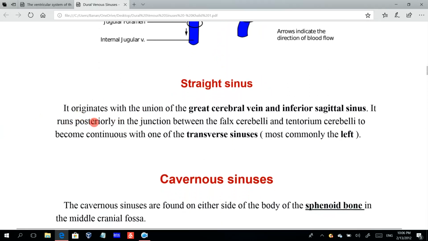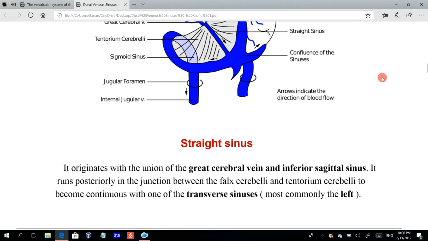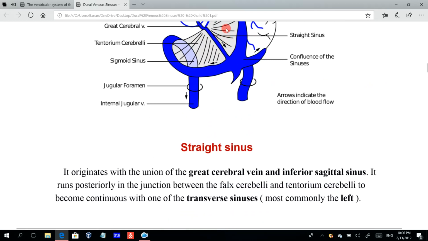It runs posteriorly in the junction between the falx cerebri and the tentorium cerebelli, as shown in this picture. Of course, the falx cerebelli is also one of the extensions of the dura between the two cerebellar hemispheres.